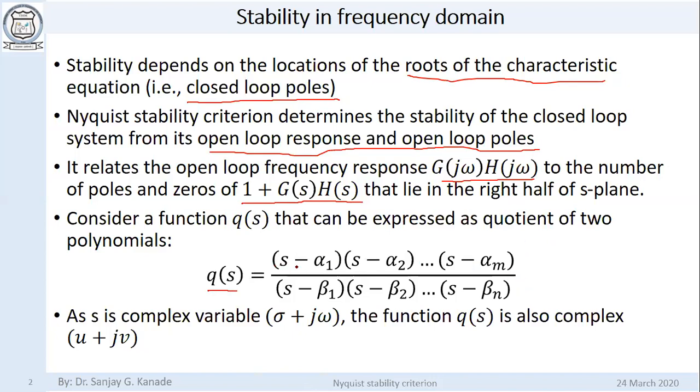These two polynomials are expressed as factors: s minus alpha 1, s minus alpha 2, up to s minus alpha m. So m factors in the numerator and n factors in the denominator are in Q(s). The variable s is a complex variable, sigma plus j omega. Therefore, the function Q(s) is also a complex variable. Let's denote it as u plus jv.